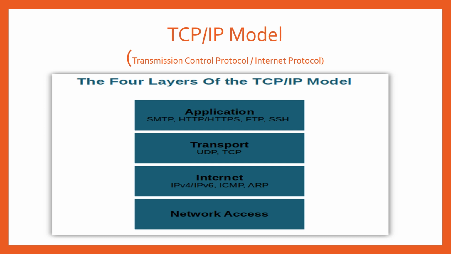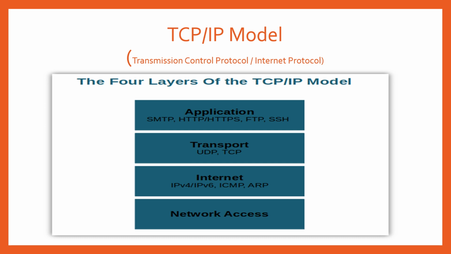The first model is the TCP/IP model. It is abbreviated as Transmission Control Protocol, Internet Protocol. This reference model provides a common frame of reference for developing the protocols used on the internet.